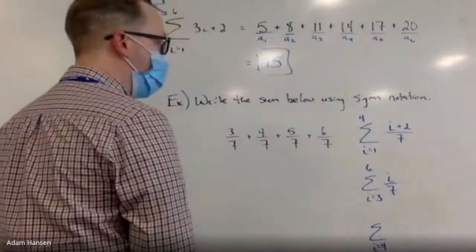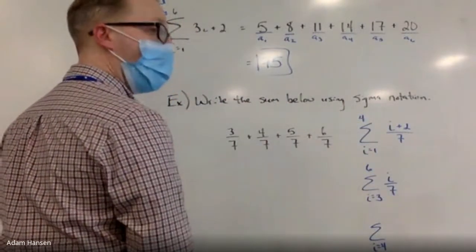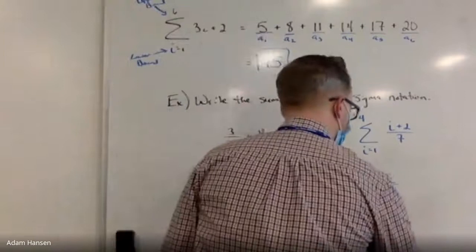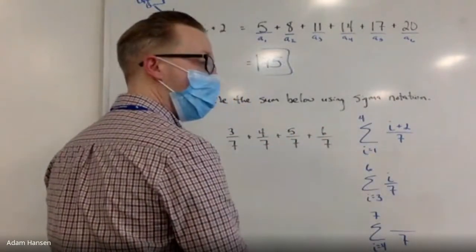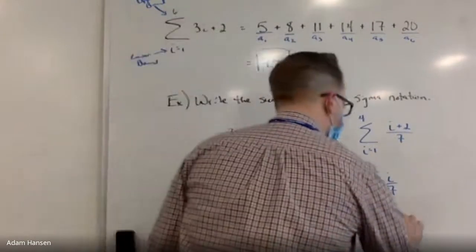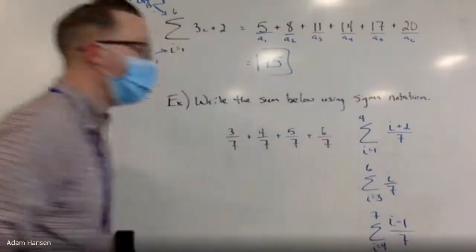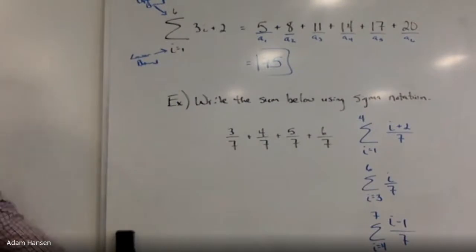If I start with 4, I have to have an upper bound of 7. And what's going to go on top? All of those are the same. All of those express the same sequence, the same summation. Questions there?